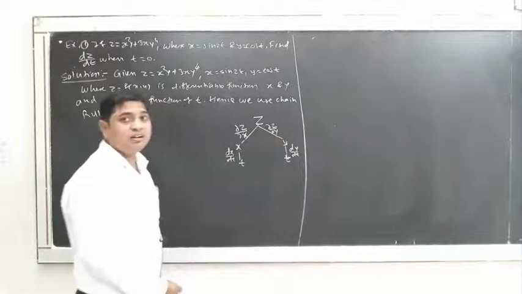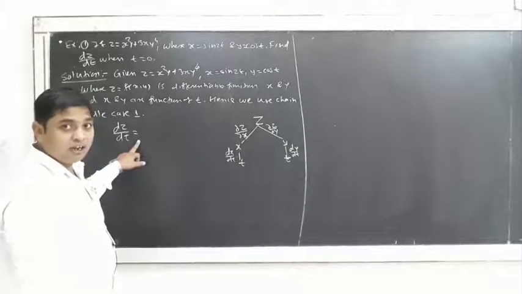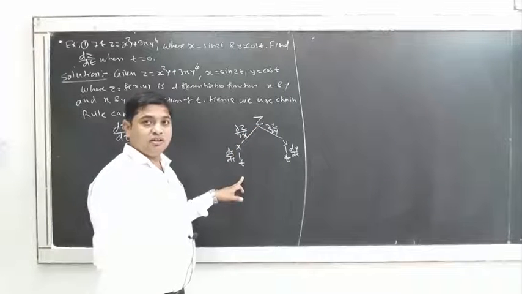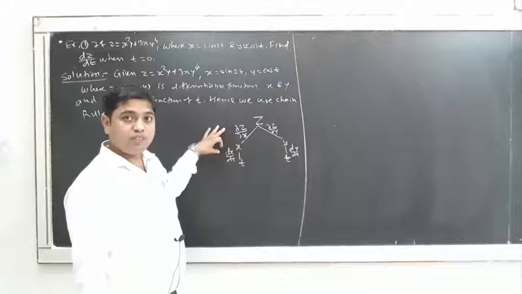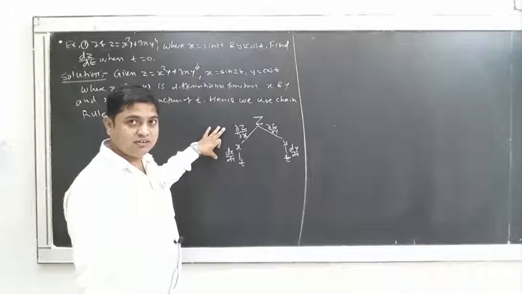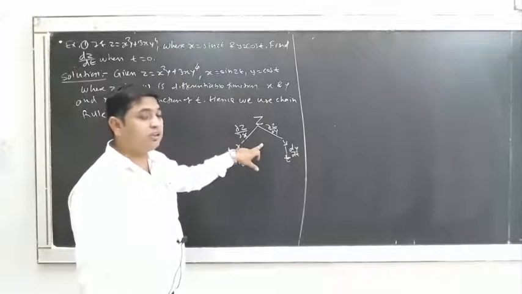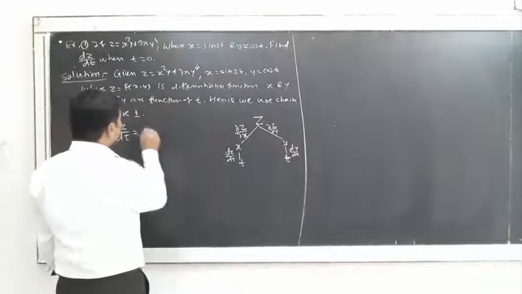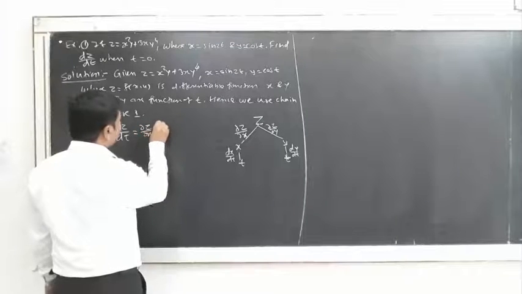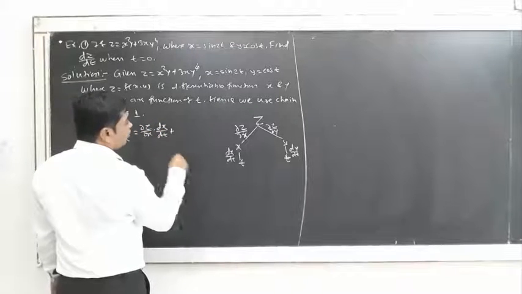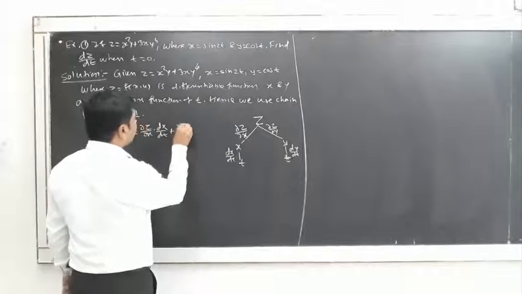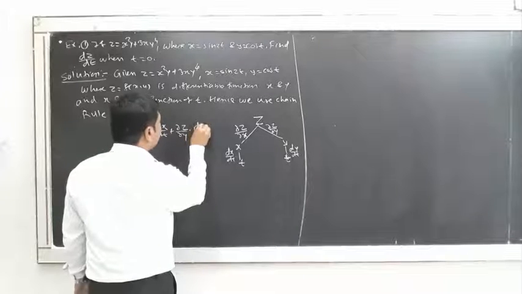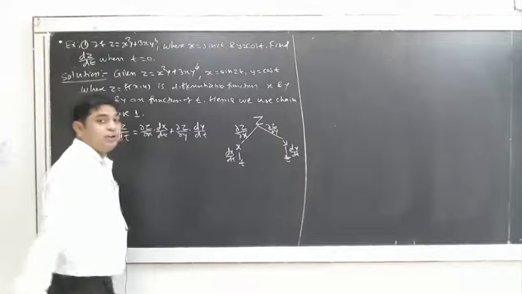And how do we find the chain rule now? Chain rule 1: we take the first part, the product along the first path, and add it to the product of the second path. So first part ∂z/∂x times dx/dt, plus similarly ∂z/∂y times dy/dt.